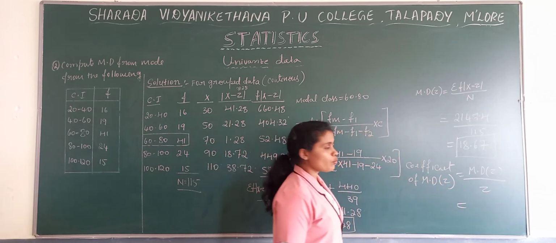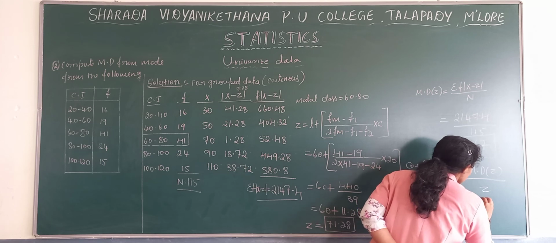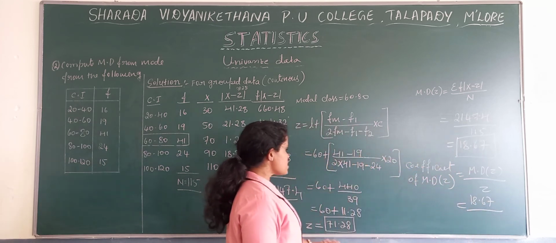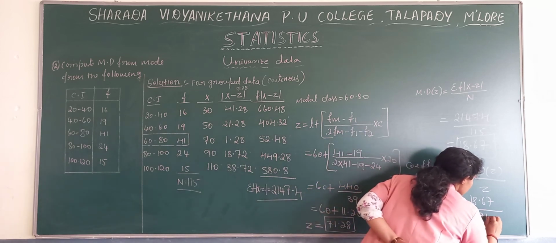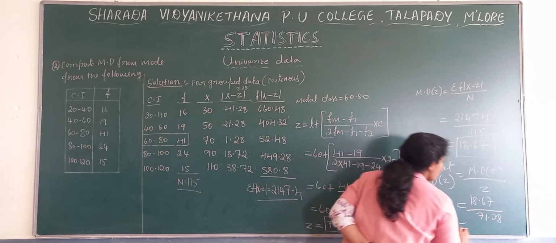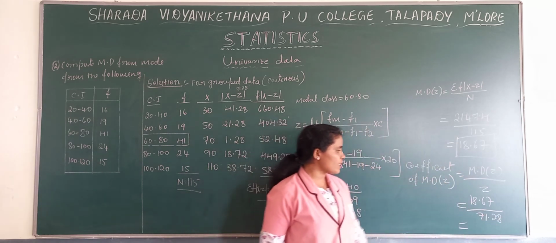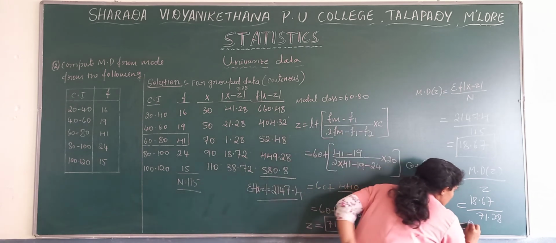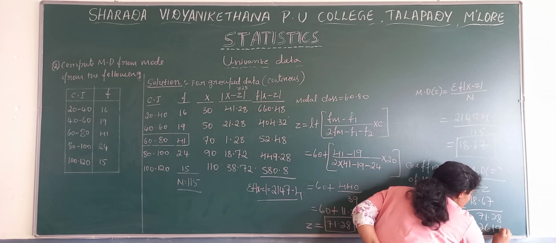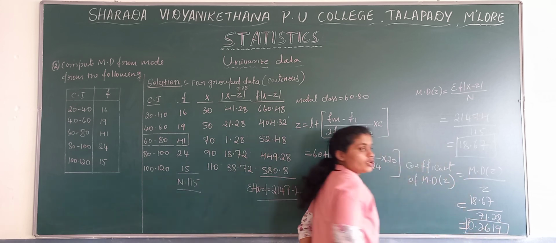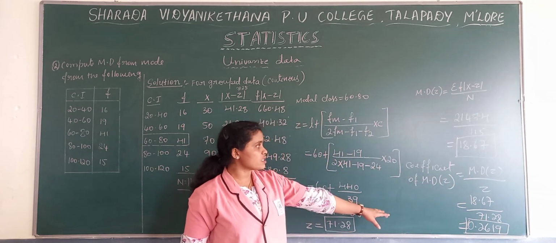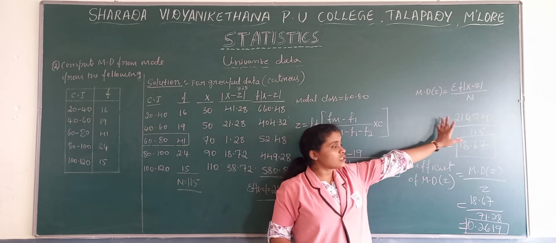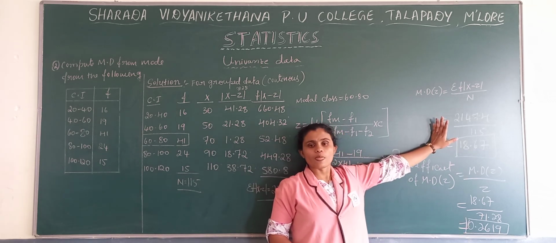Mean deviation from mode is 18.67 and mode is 71.28. When 18.67 is divided by 71.28, we get 0.2619. This is the coefficient of mean deviation from mode, and this is the mean deviation from mode.